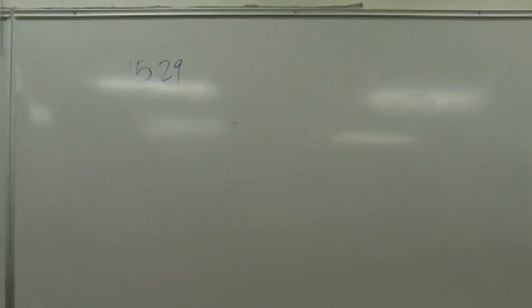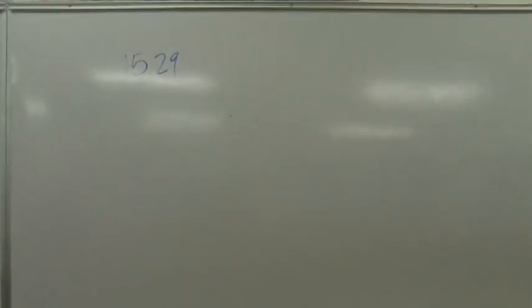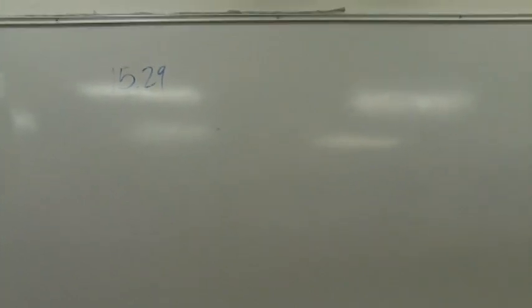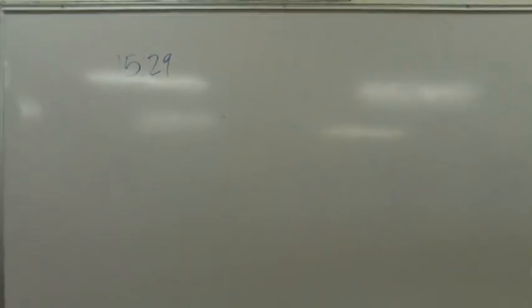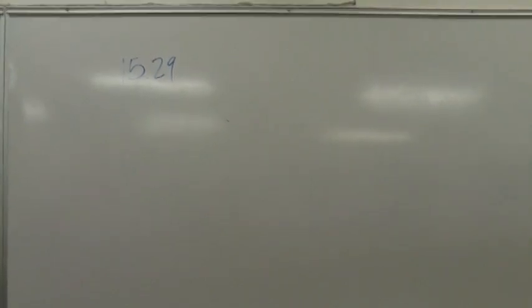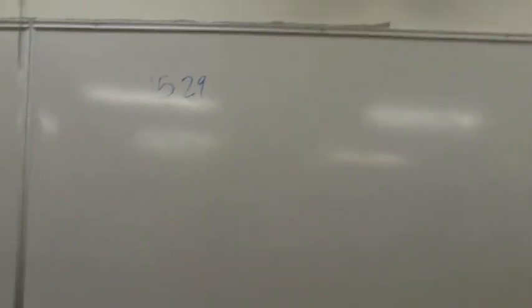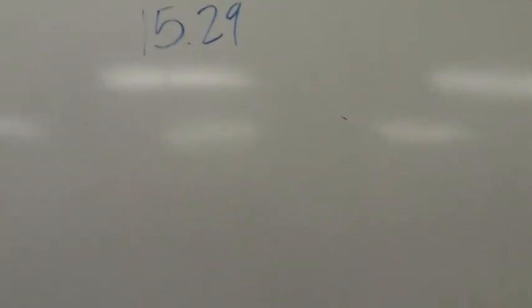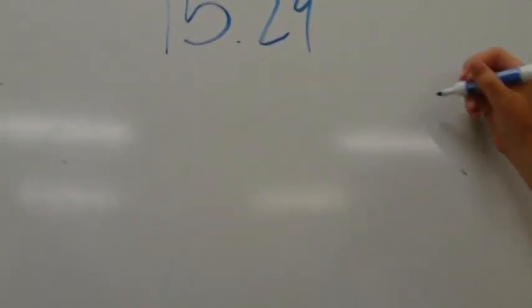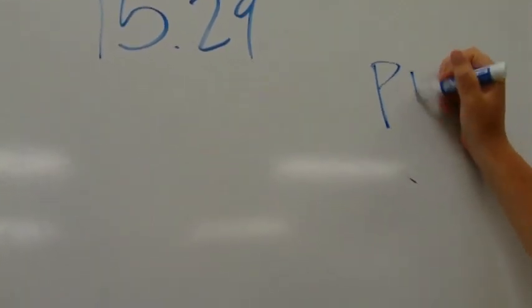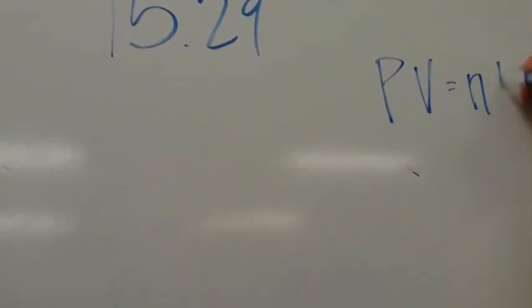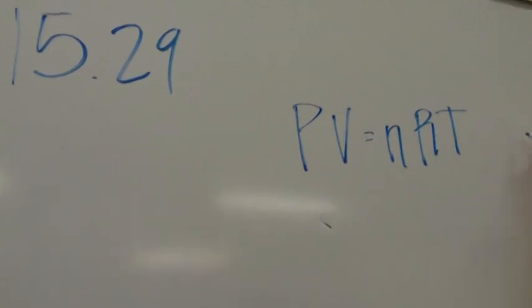5.29. A 345 milliliter container holds NH3 at a pressure of 745 torr and a temperature of 45 degrees Celsius. What is the molar concentration of ammonia in the container? All right, so for this one, we're going to use the ideal gas law, which is just PV equals nRT.